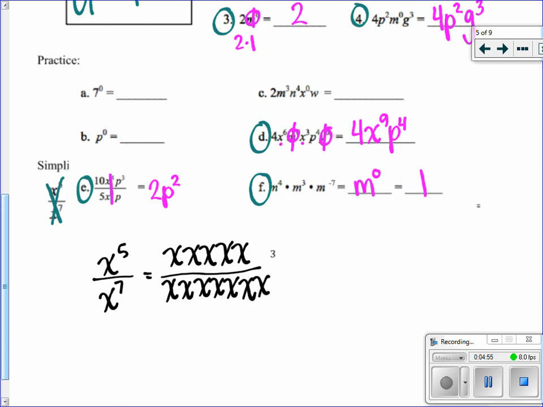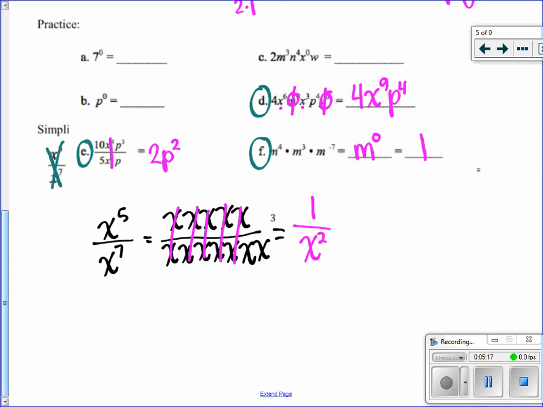What is the answer to this problem? Negative 1 over x squared. Okay. Cancel, cancel, cancel, cancel, cancel. So x squared is left on the bottom. And what's on the top? 1. Okay.